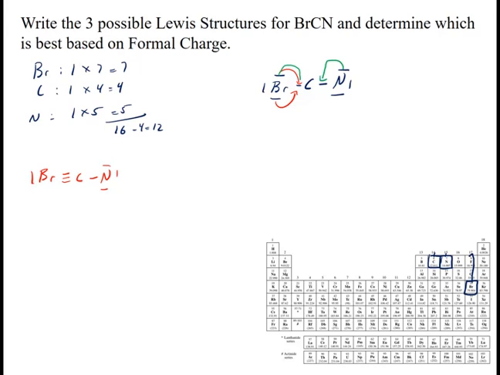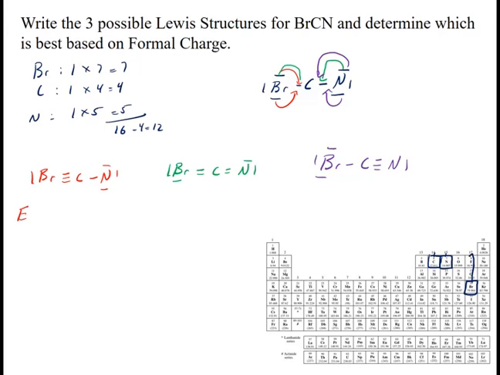So that's going to be Br with 2 lone pairs, double bond carbon, double bond nitrogen with 2 lone electrons. Or the last one's going to be the fact that nitrogen shares 2 and carbon and bromine only has 1. So it's going to be bromine with a single bond, triple bond carbon, nitrogen with a single. Okay? So which one of these 3 structures is the most correct?